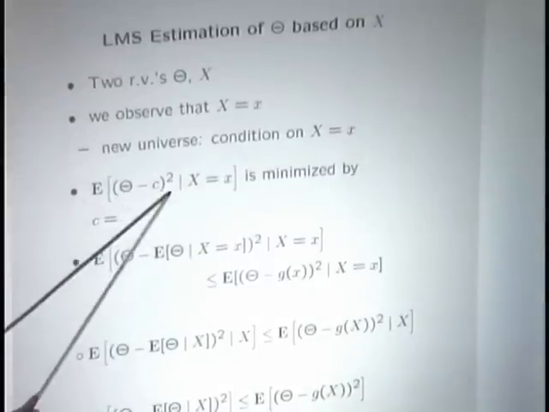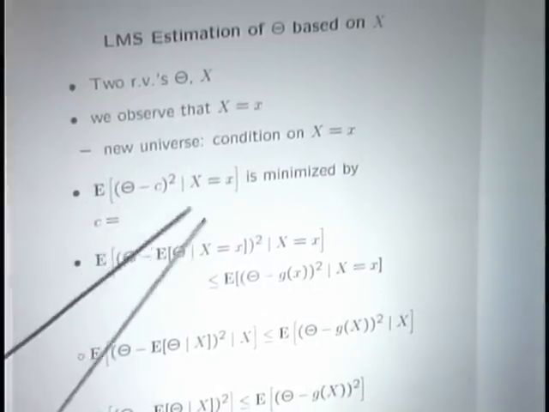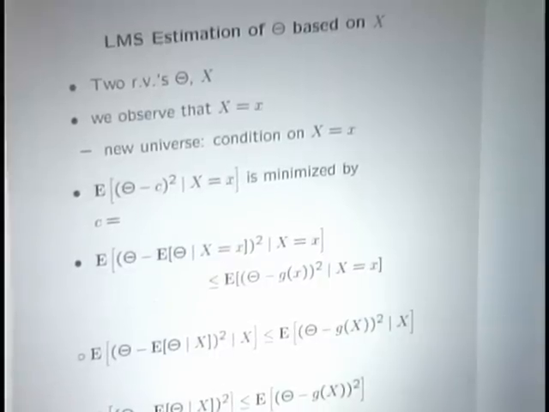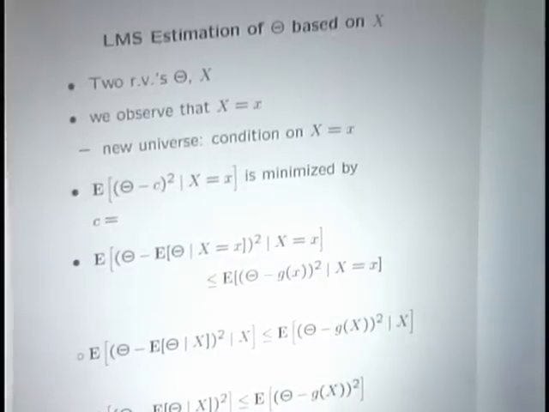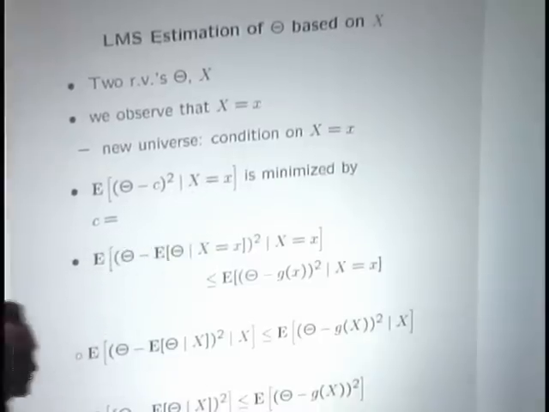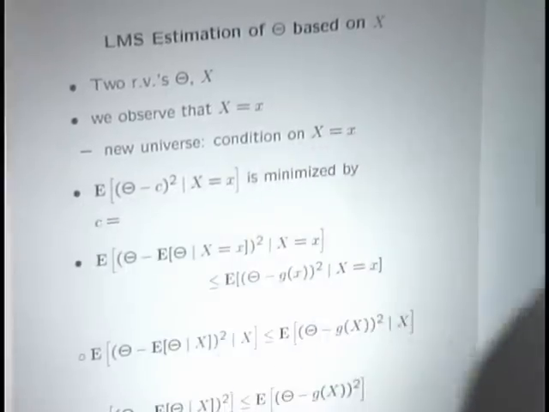If you use that philosophy and you're asked to minimize the squared error, but now you live in a new universe where x has been fixed to something, what would the optimal solution be? It would again be the expectation of theta, but which expectation? It's the expectation which applies in the new conditional universe in which we live right now.